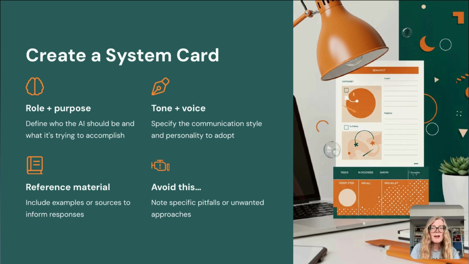When you're using ChatGPT Plus or Claude Pro to create a personalized AI system, you can create a simple system card or profile that summarizes all of this and captures who the AI is, its role and purpose in particular, how it should speak, what resources it can draw from, and list those out specifically, including file name and overview description, and what to avoid.